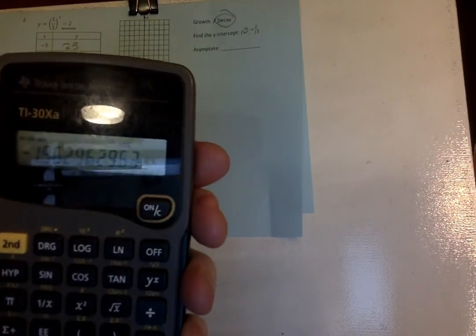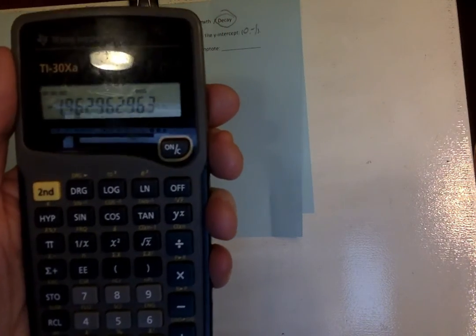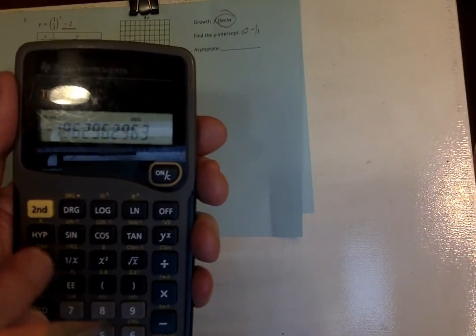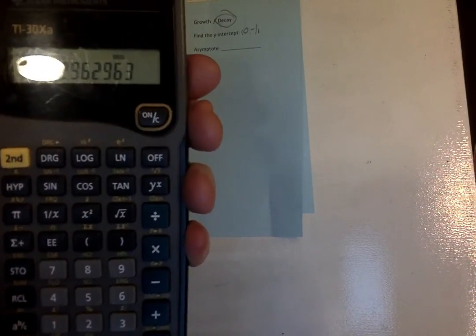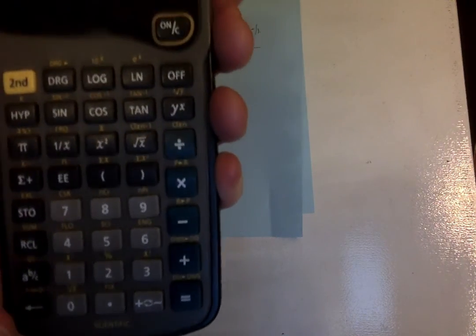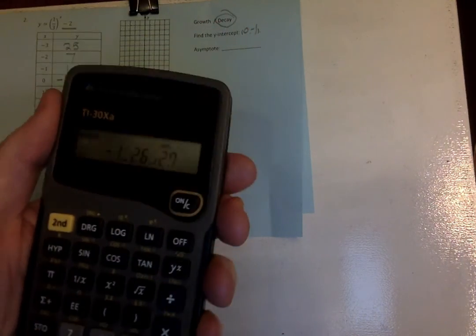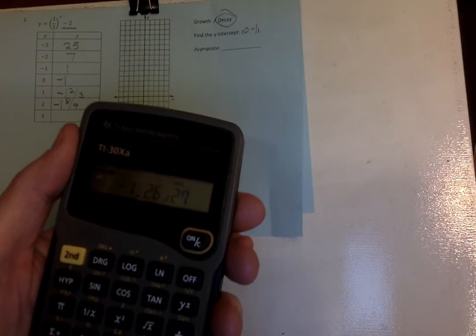And then I want to get that in fraction form. I'm going to go second and then the arrow down at the bottom right. And that says -1 26/27.